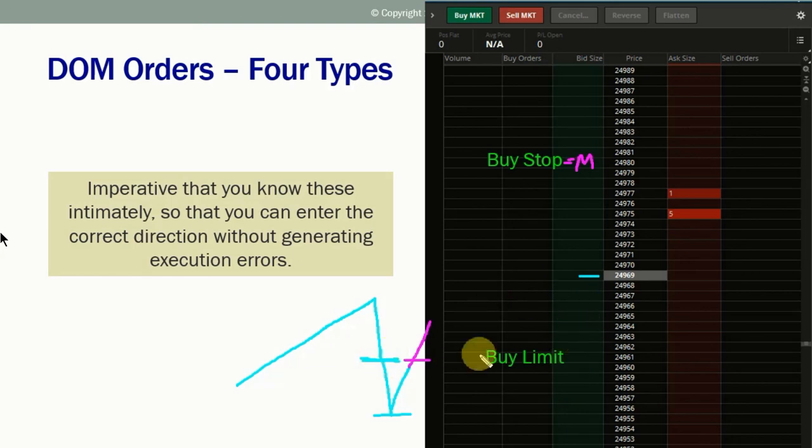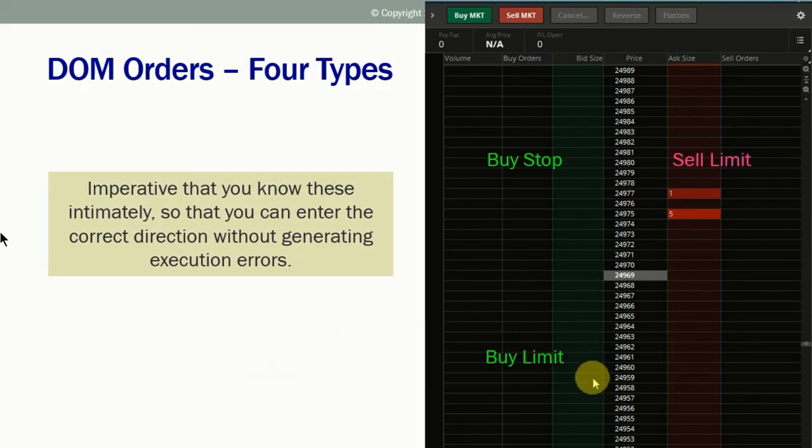Okay, again, two ways to get in: buy a limit, generally on a pullback, or enter right now. Buy stop is take me into the trend. Now let's look at the other side here. Sell limit goes above the current price. It's the polar opposite of the buy limit. It always goes above the price.